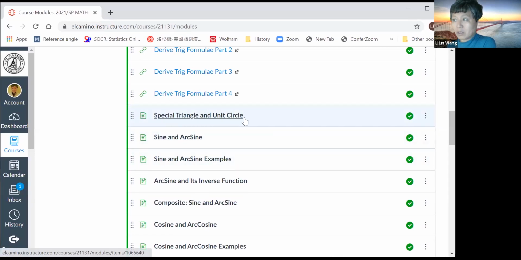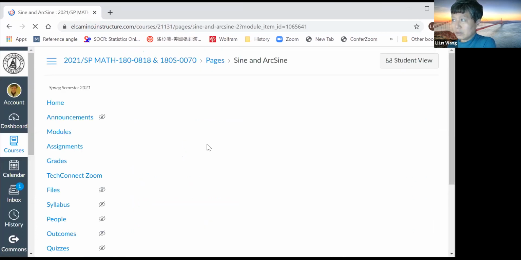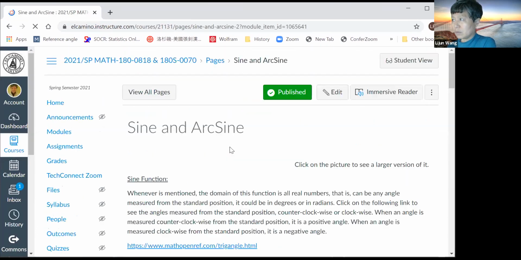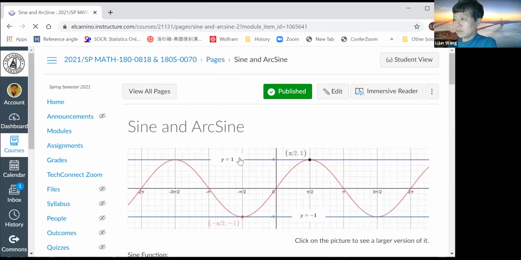This is something you have learned in trigonometry. And I have a presentation. I also have a posting on sine and arc sine, even though we haven't reviewed arc sine, but you have studied arc sine, right? We're getting there. On the sine part, this is my writing.